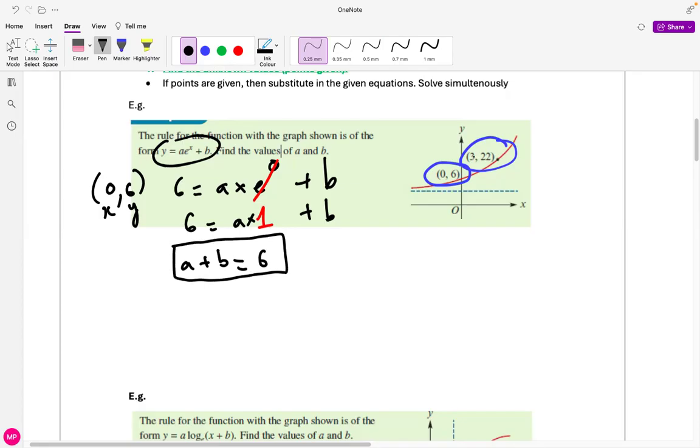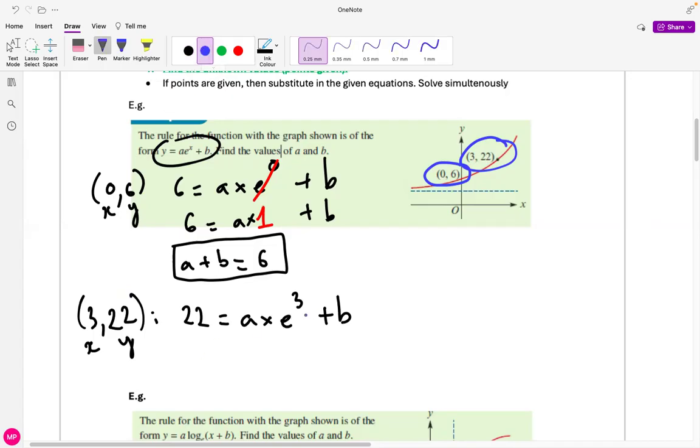Then you do the same thing for the other point, which is (3, 22). I sub it in. Y is 22 and x is 3. So I have 22 equal A times a to the power of 3 plus B, right? Which means a to the power of 3 is just a constant, 2.7 to the power of 3.